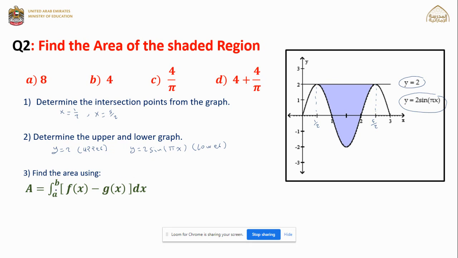I will find the area now by the law: A equals the integral from a to b of f of x minus g of x. So the integral from 1/2 to 5/2. The upper one is 2 and the lower one is 2 sine pi x, dx.